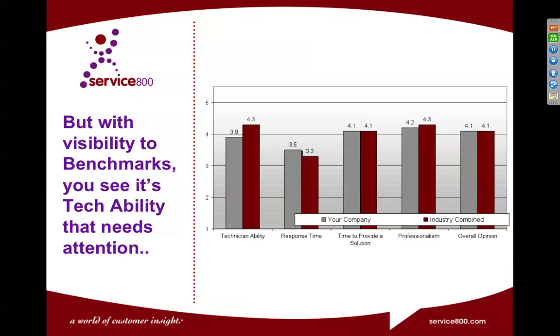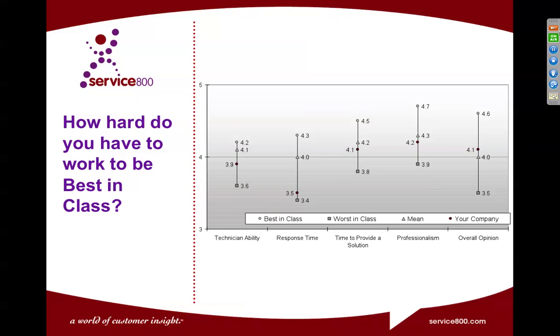You're performing ahead of those participants, and in fact, where you thought that technical ability was your strength, in fact, your technical ability is behind what this benchmark community shows. So what a benchmark does is it helps you understand where you can spend your limited time and resources to make the biggest difference to your customers.